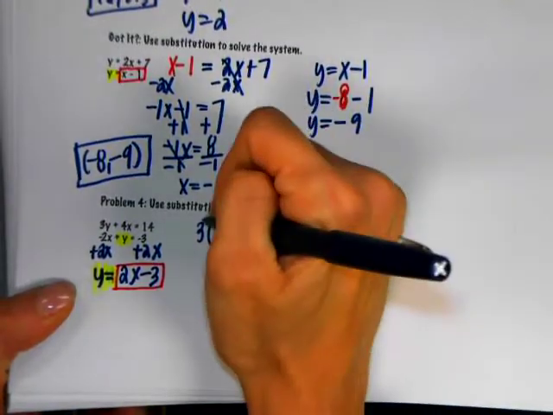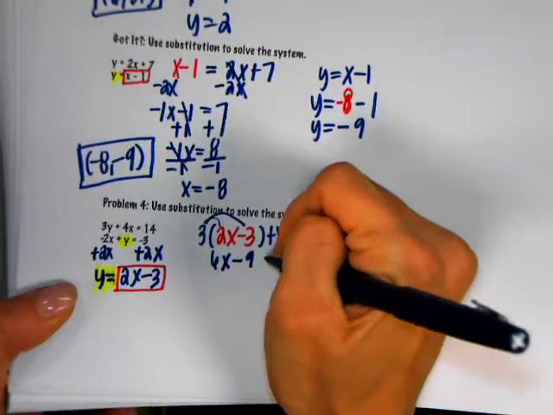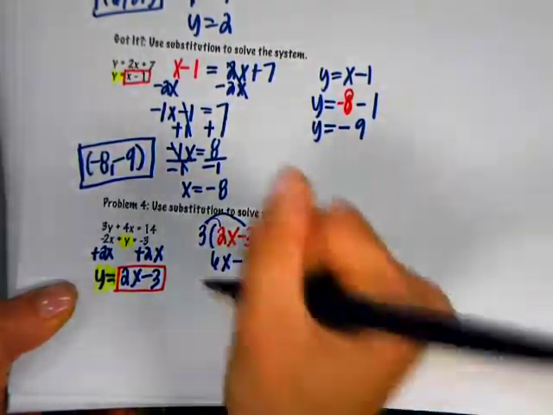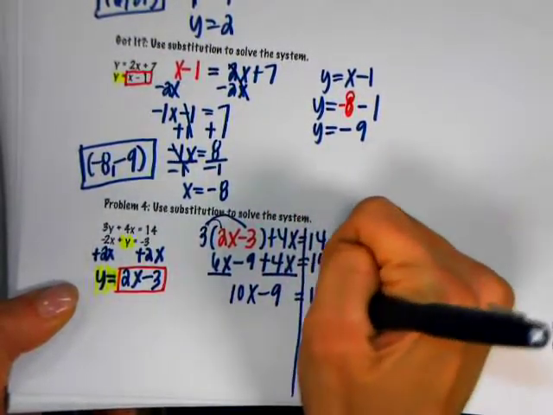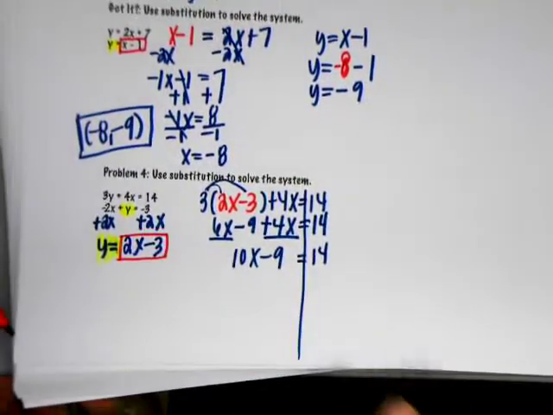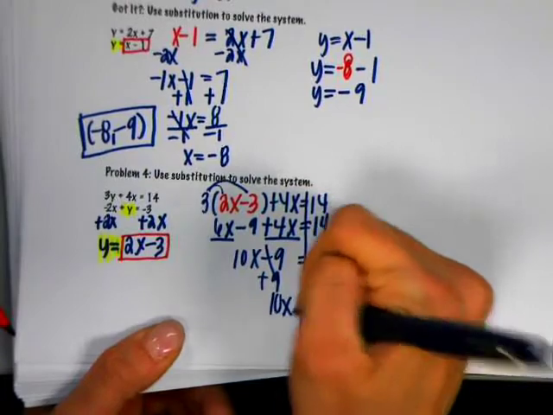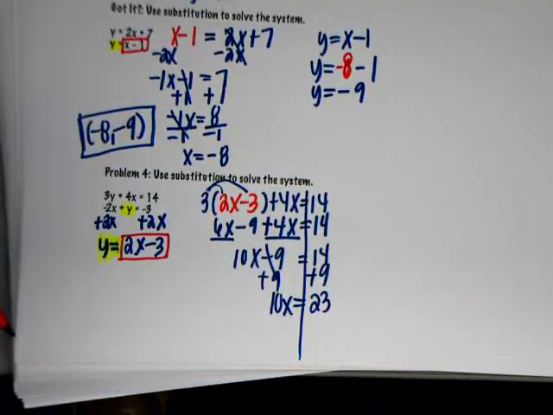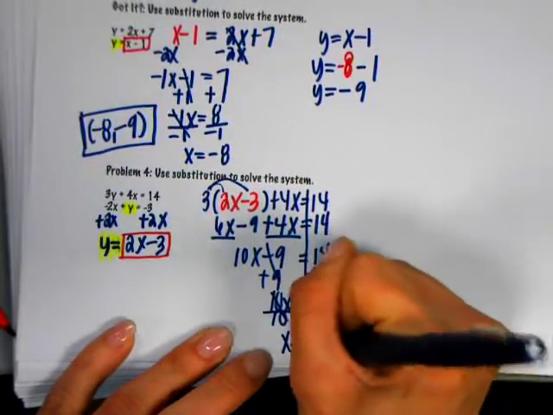All right, distribute: 6x minus 9 plus 4x equals 14. 6x and 4x is 10x. Then plus 9. 10x equals 23. Divide by 10. X equals 2.3.